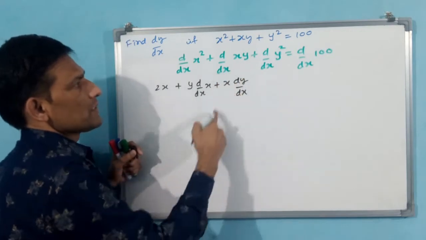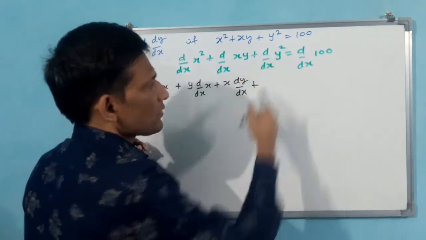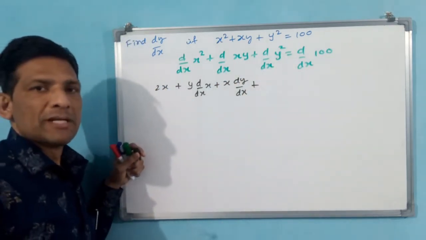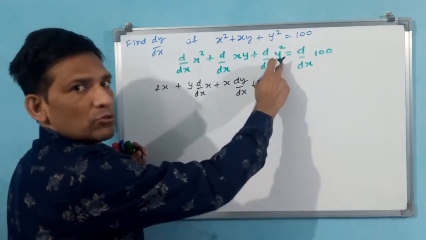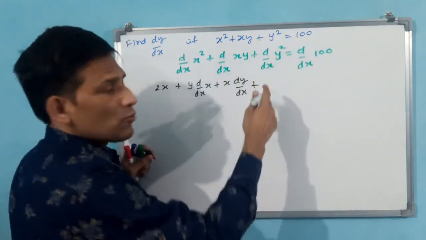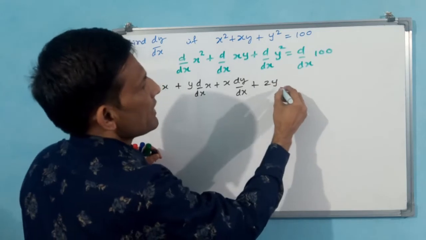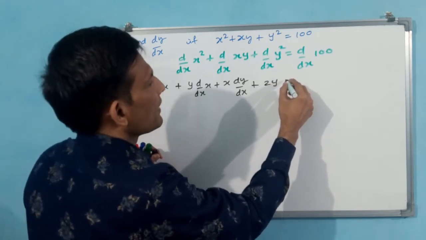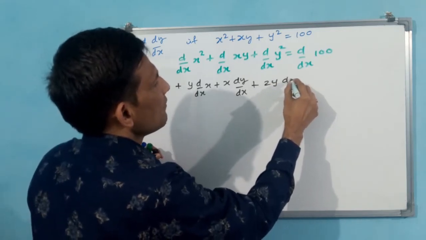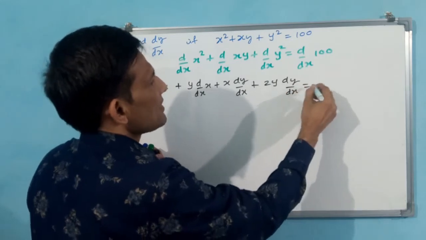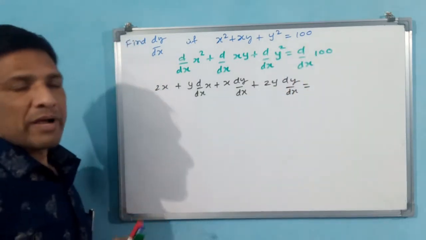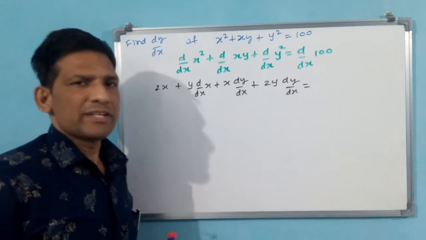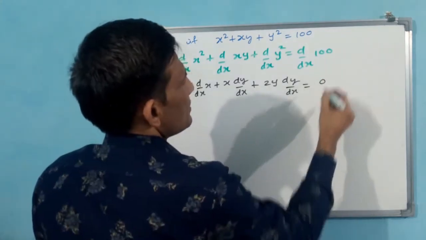Okay, this is for this one. Plus d/dx of y square. First treat like this: x square means 2x; y square means 2y, again d/dx of y, dy/dx. That is equal to, what about d/dx of 100? Constant function derivative is 0, you write 0, okay?